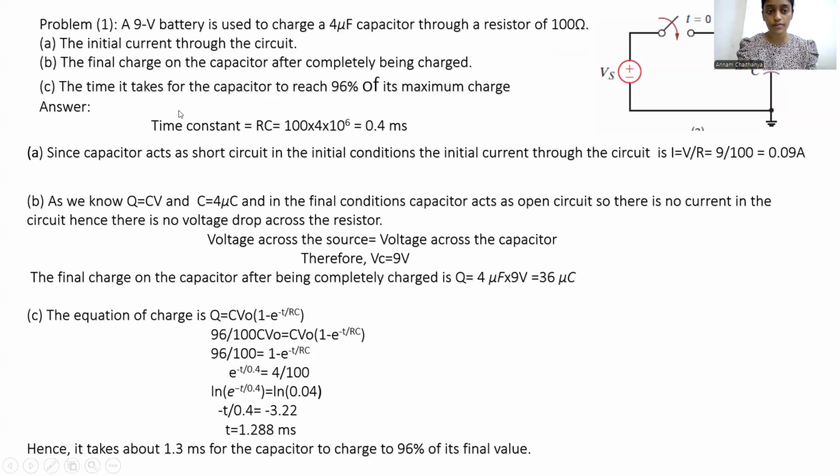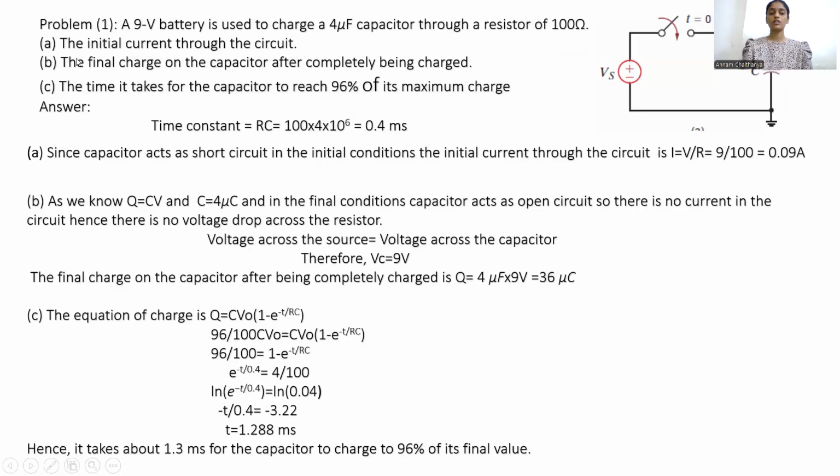First, if we look at the circuit, there is a 9 volt source connected to the RC circuit, the capacitance of the capacitor is 4 microfarad, and the resistance is 100 ohms, and at t equals 0 the switch is closed. First of all, if we calculate the time constant of the circuit, which is RC, 100 into 4 into 10 power minus 6 farad, we get 0.4 milliseconds.